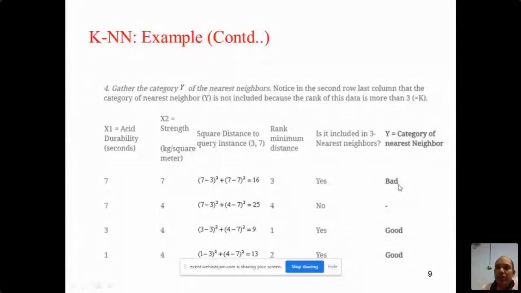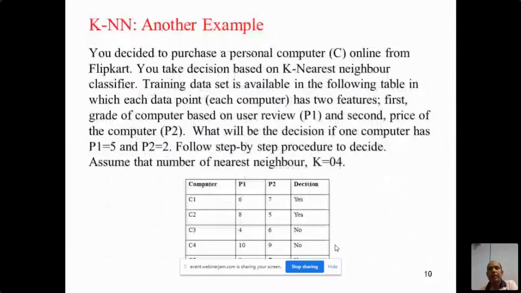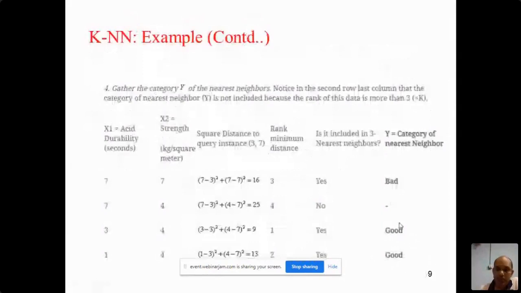So based on majority voting, we consider that the new data point which you have taken, 3 and 7, should be categorized as good. So in a very simple way, this k-nearest neighbor algorithm works.